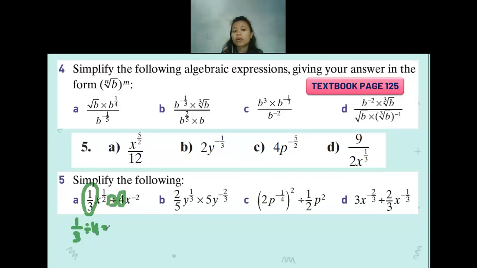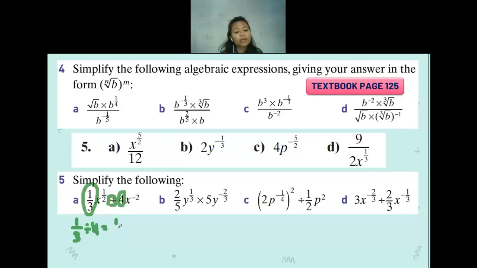Has anyone already tried to find how many is one-third divided by 4? Is there anyone who doesn't know how to do one-third divided by 4?